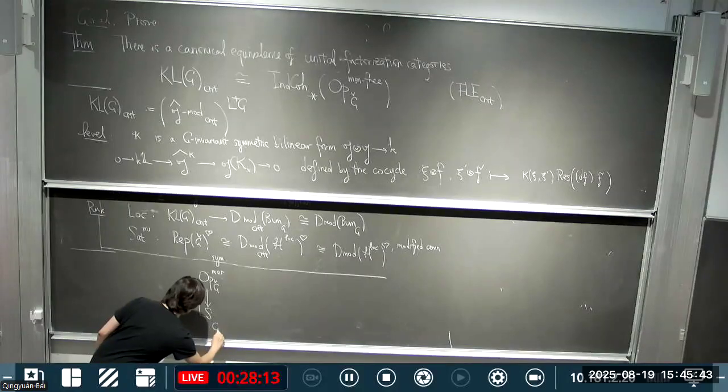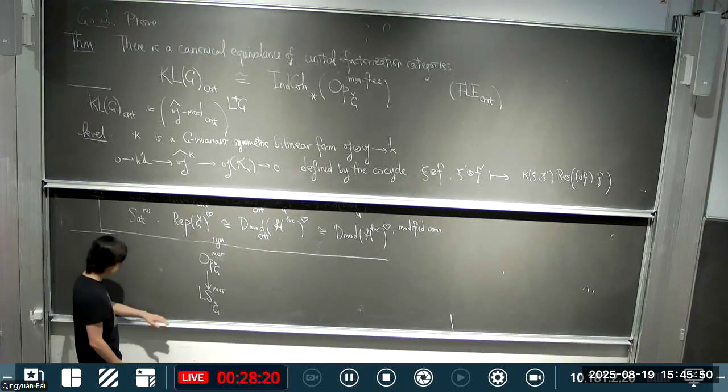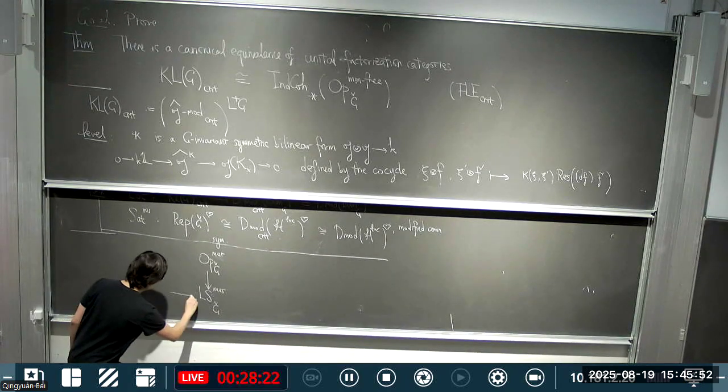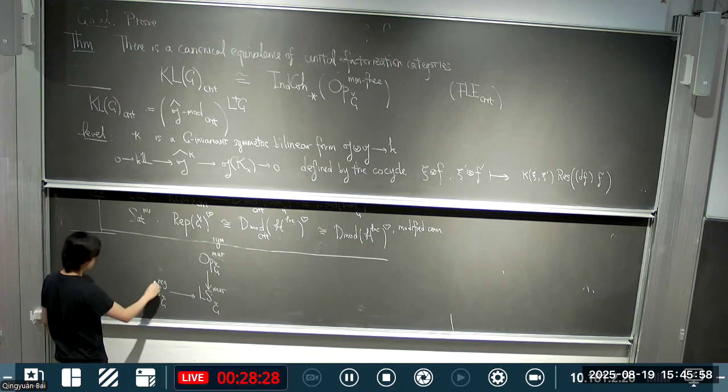So this maps to the local system on the formal punctured disk, which I will denote by Loc^meromorphic. And there's a base change to local systems on the formal unpunctured disk.